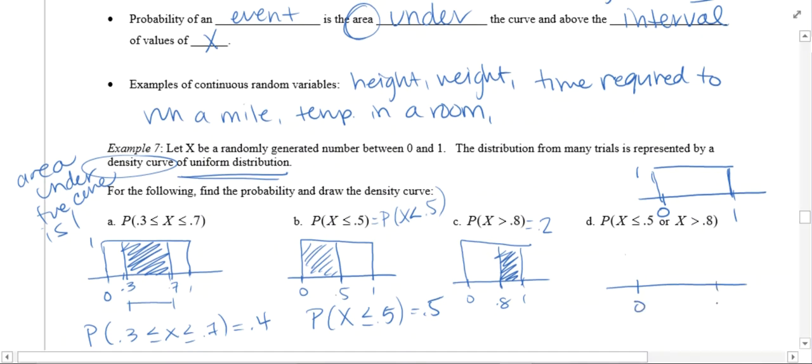So here we're going from 0 to 1. We have just two different situations: we're going from 0.5 and below, or we go to 0.8 and we're going to go greater than. So that area will be 0.5, plus the top would be 0.2, so that's 0.7.